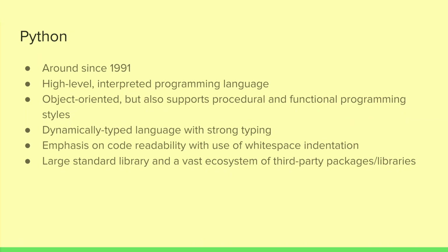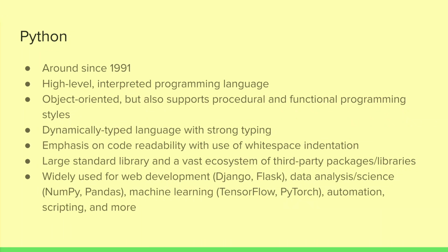It has a huge standard library, a huge ecosystem of third-party packages and libraries, and that was in the recent past mainly driven by AI and data science. So there is stuff like NumPy and Pandas, TensorFlow, PyTorch, and they all come out of this whole, we want to deal with big data movement.